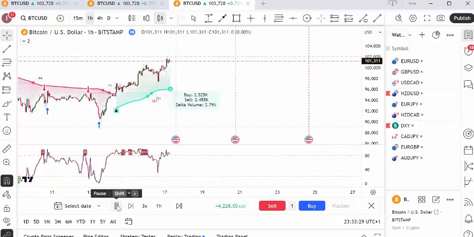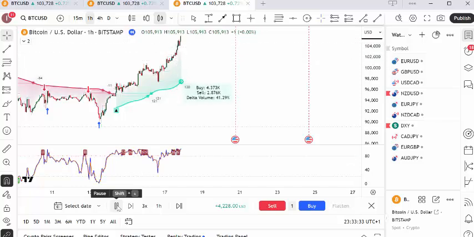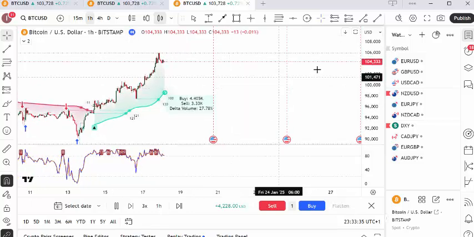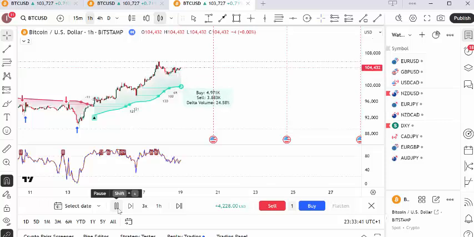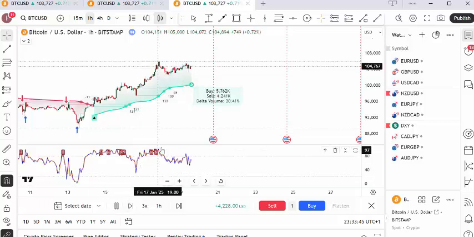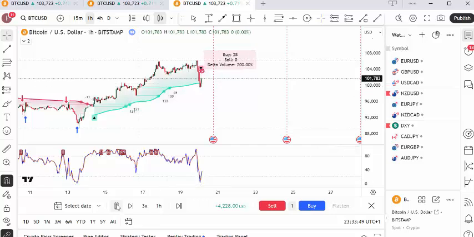We wait for a bullish divergence and then we execute our trade. We are still waiting. Sometimes you can go days waiting for your bullish divergence.